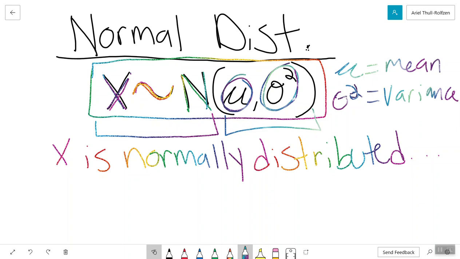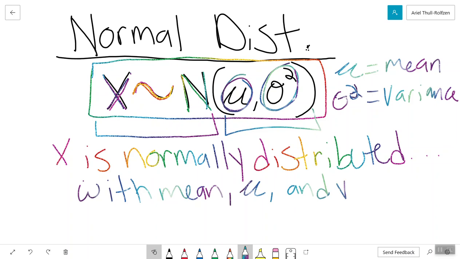So we're going to continue our expression. X is normally distributed. We're going to say with mean mu and variance sigma squared.